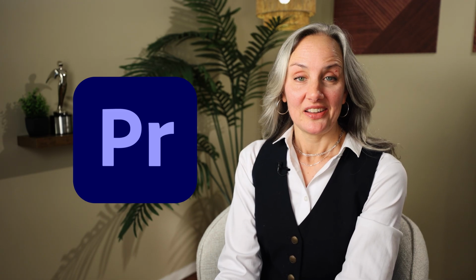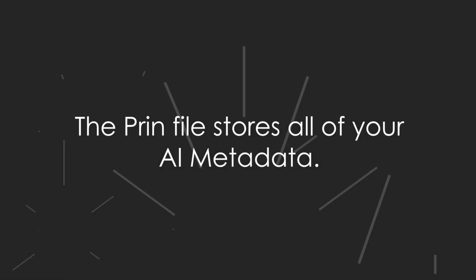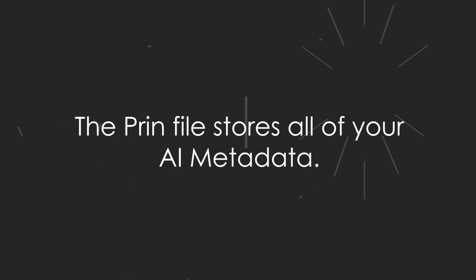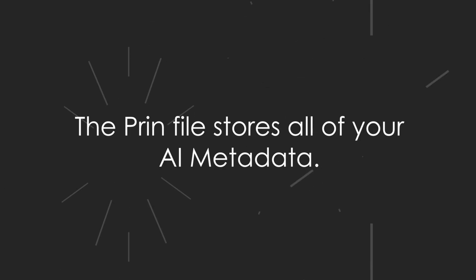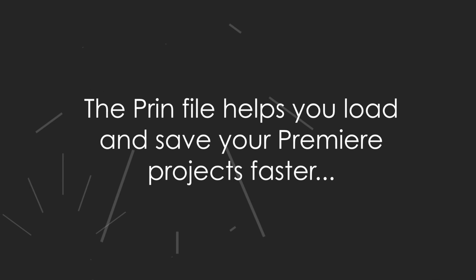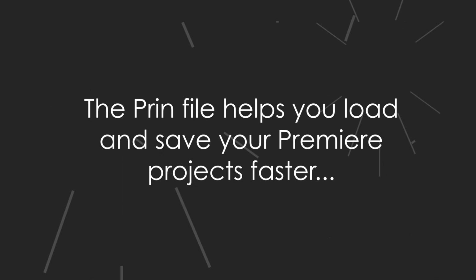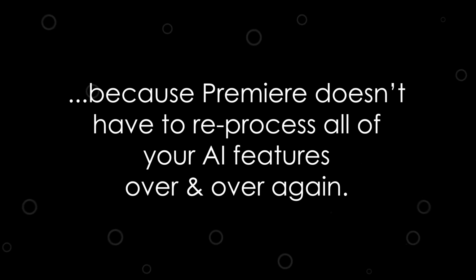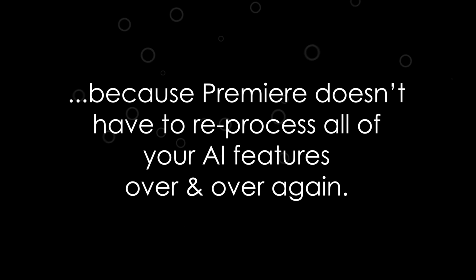Or learn binary. What does the Prin file do? As mentioned, the Prin file stores all of your AI metadata. And since this AI metadata is stored in the Prin and not in your Premiere project file, the Prin file essentially helps you load and save your Premiere projects faster, because Premiere doesn't have to reprocess all of your AI features over and over again each time you load your project.